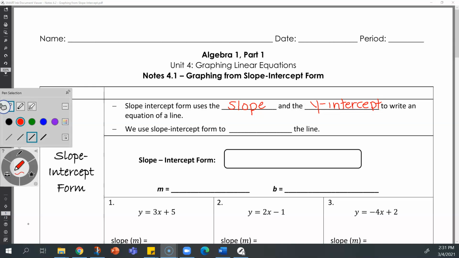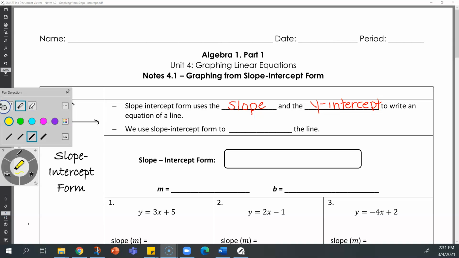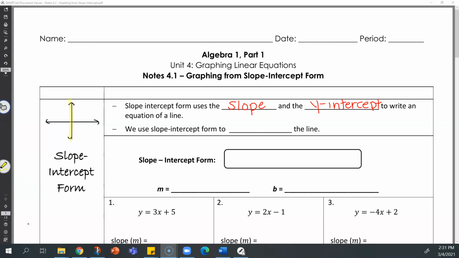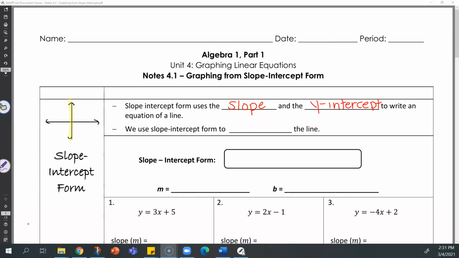Remember that on a graph, we've got our axes. Our y-axis is this up and down axis right here. The y-intercept is going to be where that line crosses the y-axis.